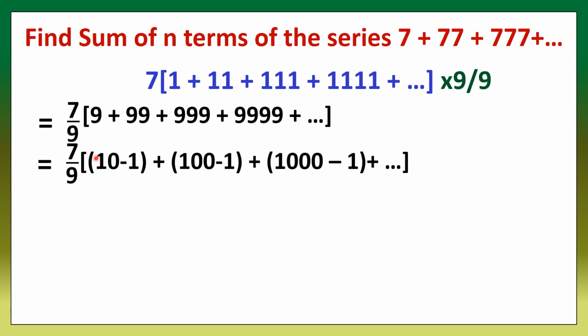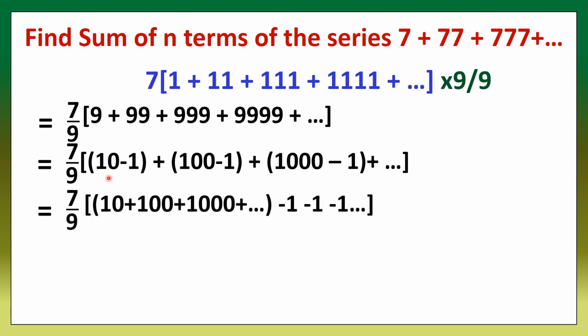Now the next step is trying to convert this series into GP. For that, we are taking these terms like this. 9 is 10 minus 1. 99 is 100 minus 1. And 999 is 1000 minus 1 plus dash. So, we get the terms like this now. The next step is we are taking this 10, 100, 1000 to one side as a group: 10 plus 100 plus 1000 plus dash.